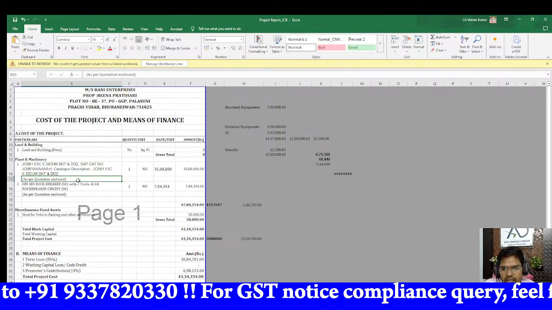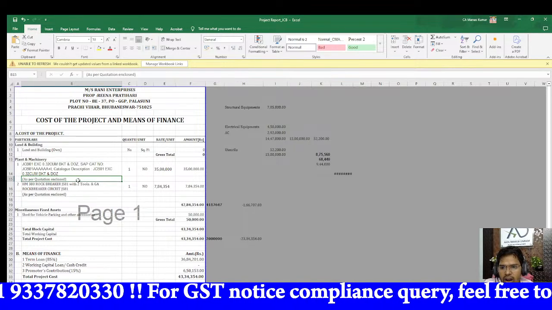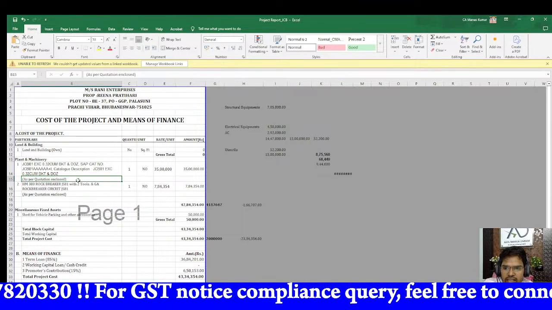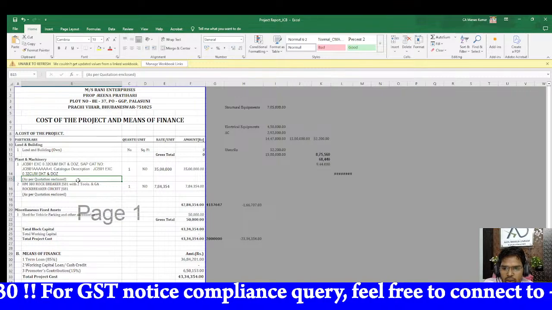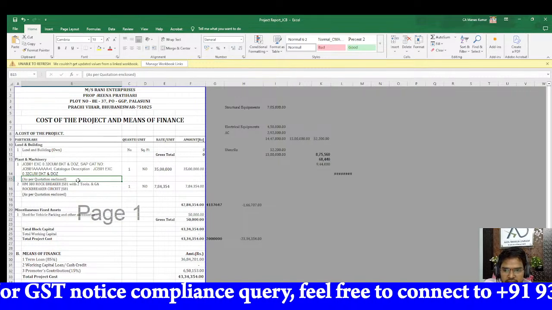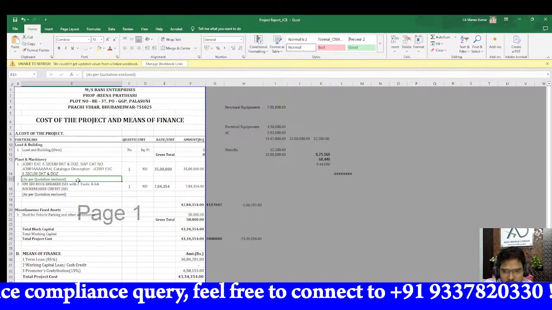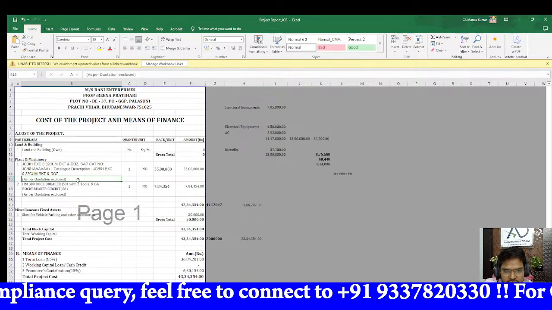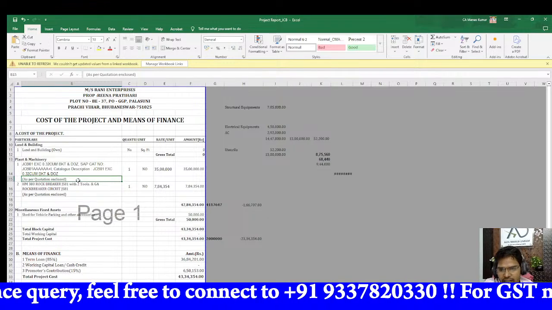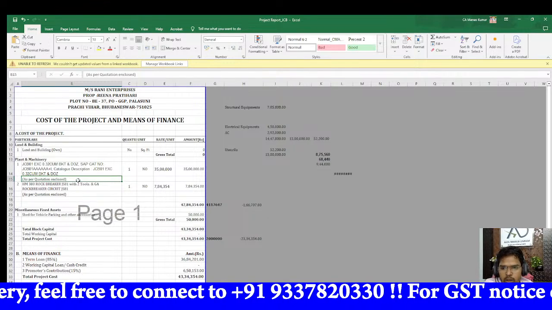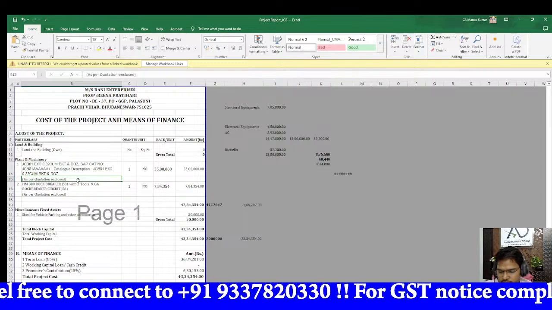In future, if the bank asks how you have received this information, you can say that I have received this information from the quotations that have been received by the client and forwarded to me for preparation of the project report.